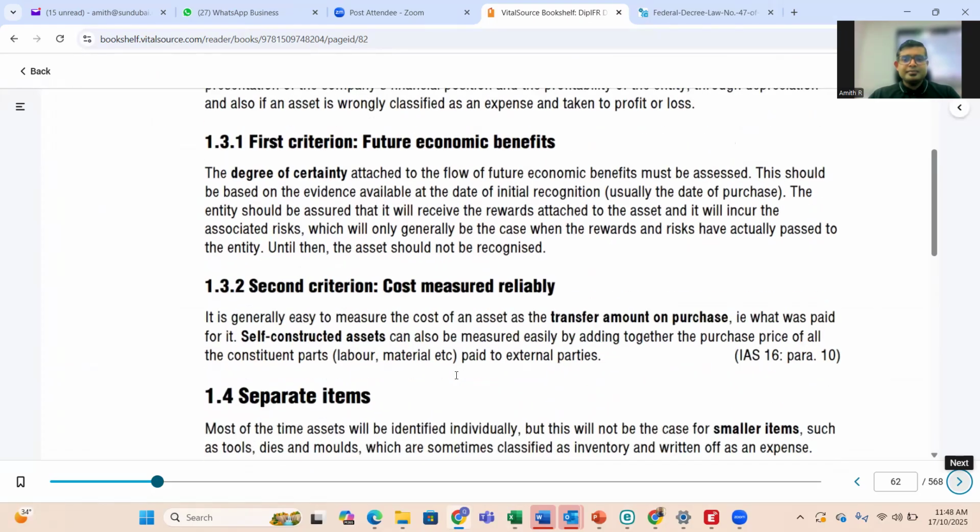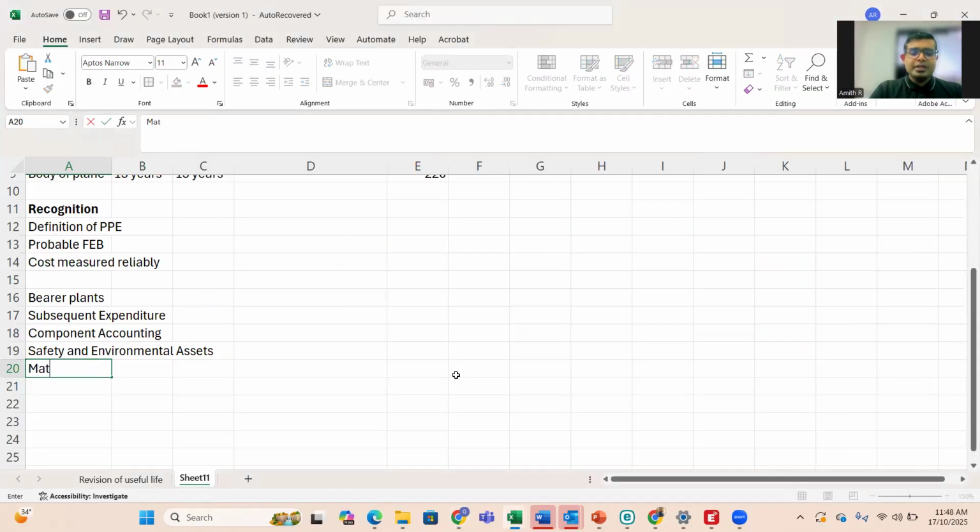I think that's it. And also, the component of materiality. In case of smaller assets, you can apply materiality concerns, like calculators and stuff. So these are the items which we discussed.